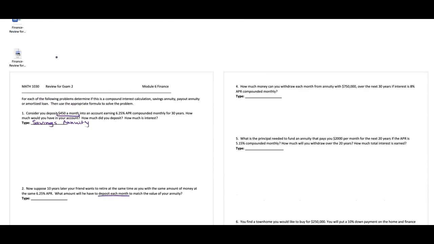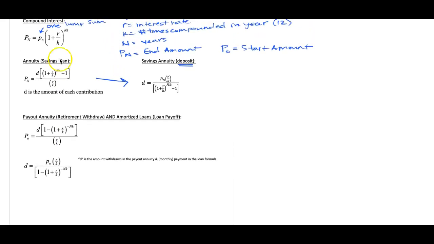How much will he have to deposit each month? So we're looking for a deposited amount, right?